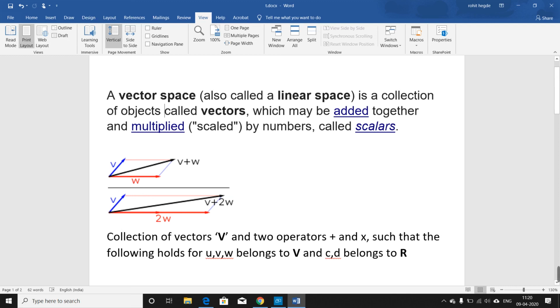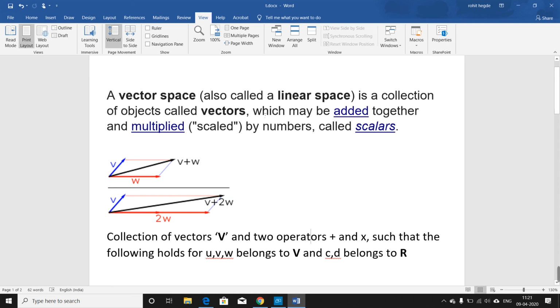It is a collection of vectors V and two operations, plus and multiplication, such that the following hold for u, v belonging to V. Following means these 10 axioms, and c, d belong to R. A vector space is a collection of objects, or vectors, which may be added together and multiplied, or scaled, by numbers called scalars.